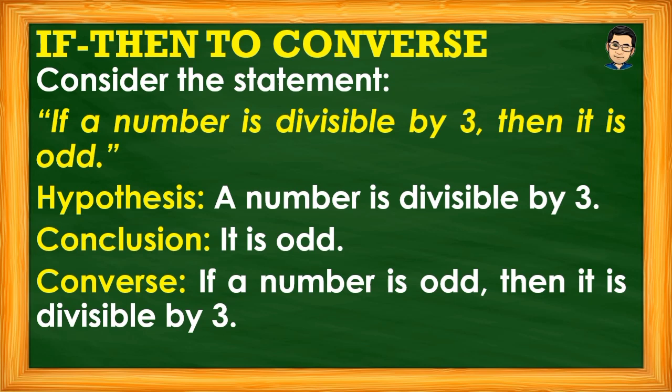Okay, and then yung it is odd naman, nasa unahan. So, tatandaan natin, yung conditional statement or if-then statement, P implies Q siya. And then kapag naging converse statement na, magiging Q implies P. So, pagbabaliktarin lang po natin ang posisyon ng hypothesis and conclusion.